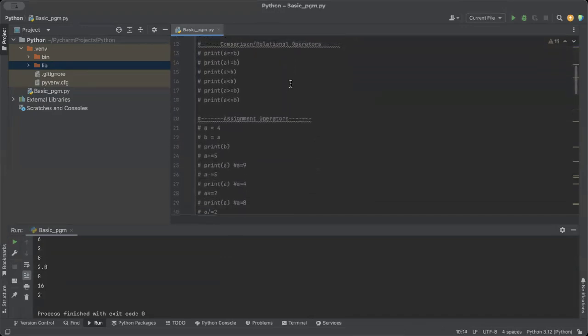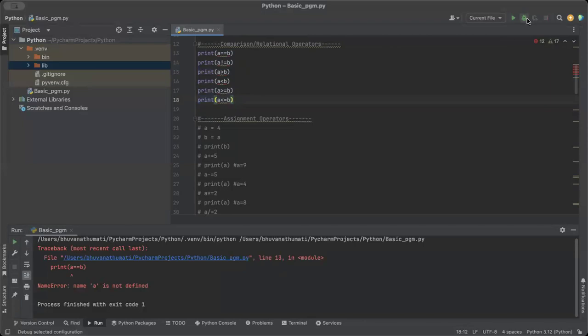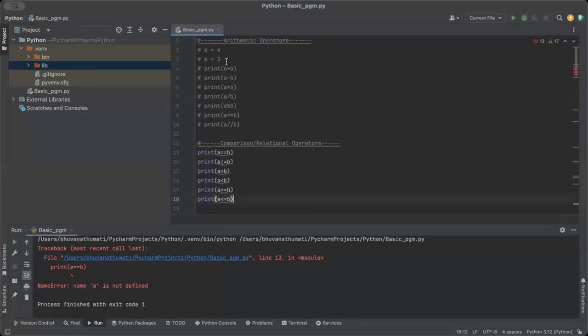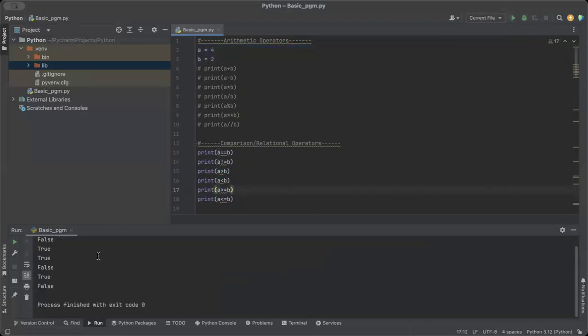And next is relational or comparison operators. These are used to compare the values of two operands and return a Boolean result. So let's uncomment this and run it.